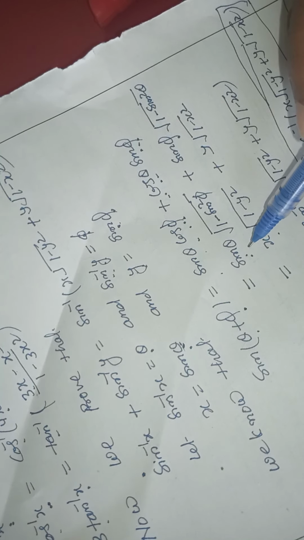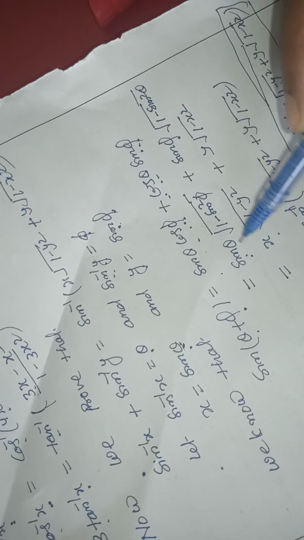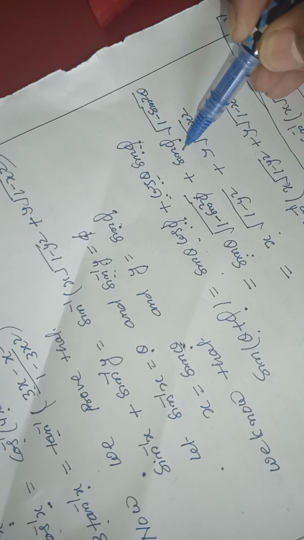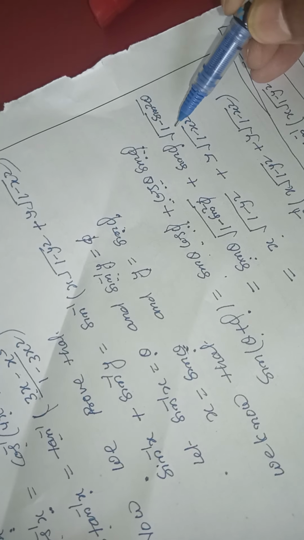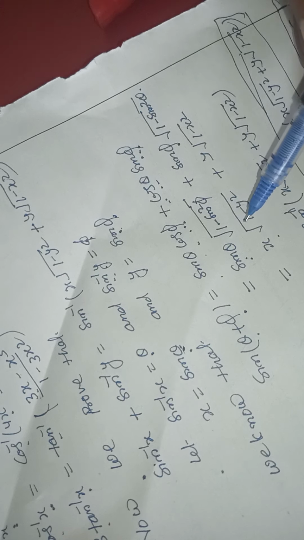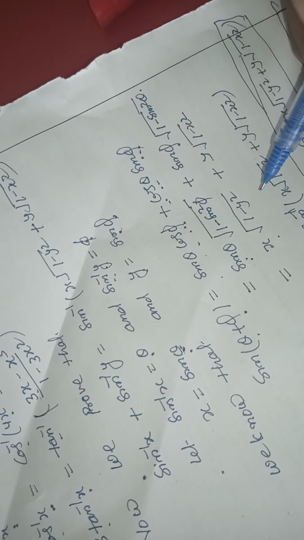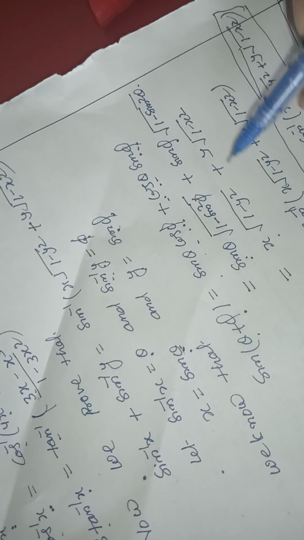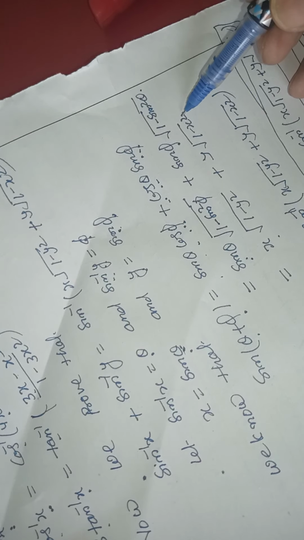This will be written as sin theta, and cos phi written as under root 1 minus sin square phi, plus sin phi and cos theta written as under root 1 minus sin square theta. By putting the values of sin theta and sin phi, we get x under root 1 minus y square plus y under root 1 minus x square.